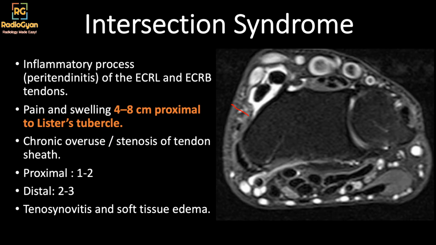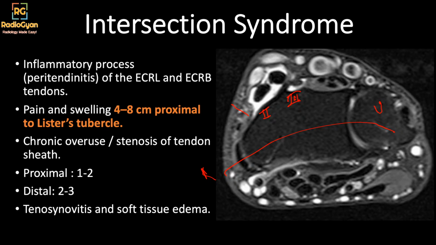As you see here, this is the wrist, this is the radial aspect, this is the ulnar aspect. You can see there is fluid around compartment 3 and there is fluid around compartment 2. So intersection syndromes affect the second compartment.